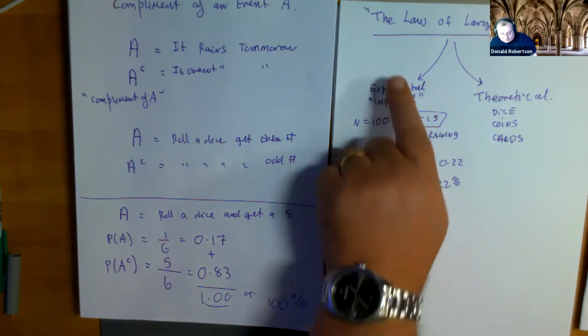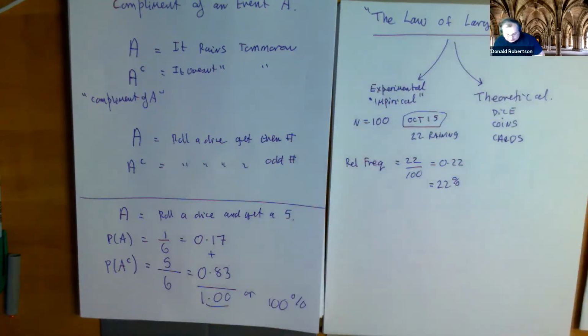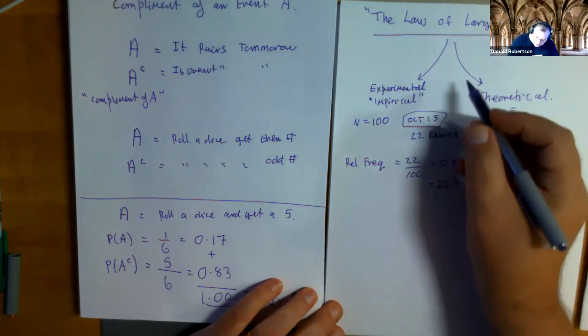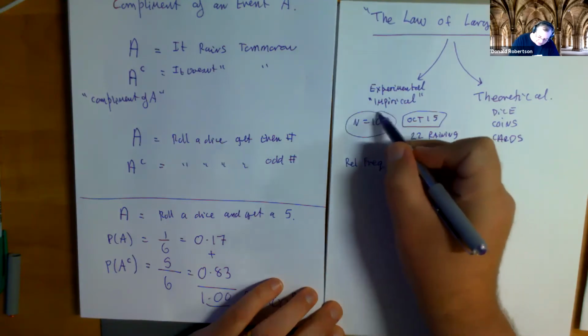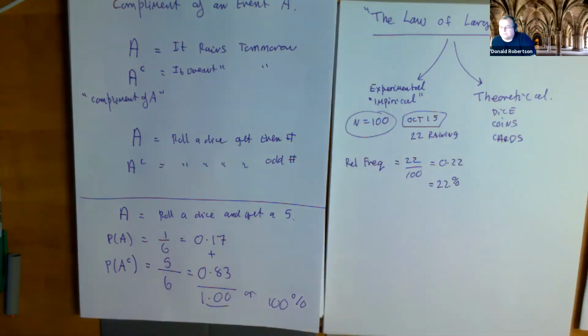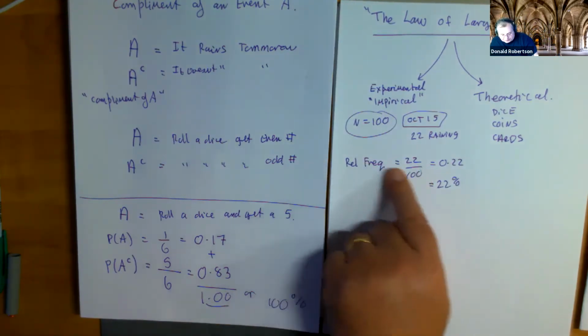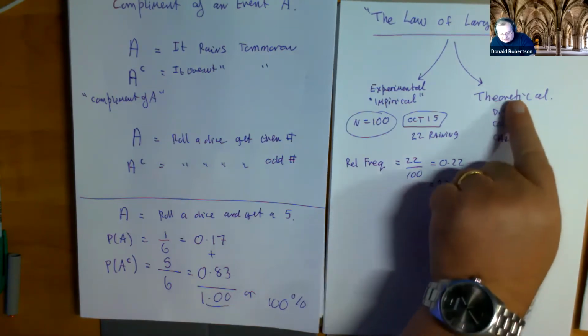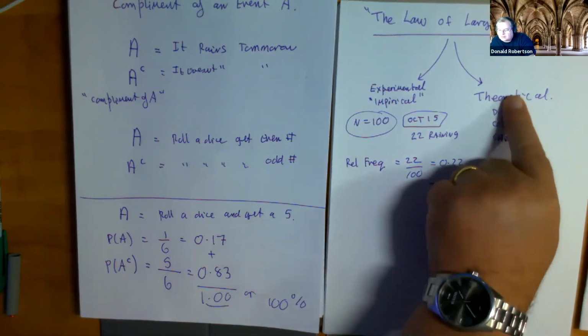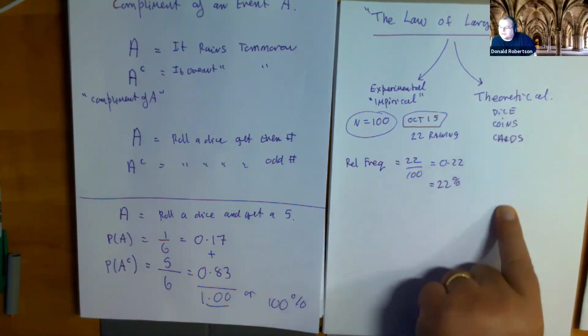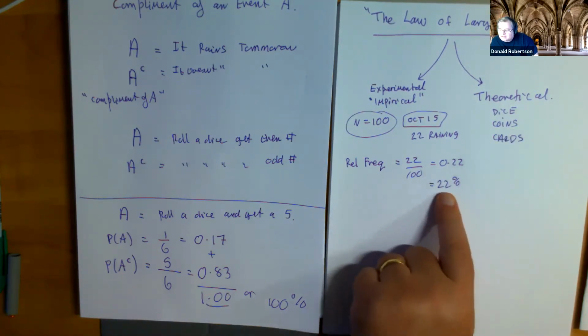Now, what the law of large numbers says is that if you do this number big enough, then this relative frequency, whatever it is, will start becoming the real true probability. I mean, technically, isn't this just an estimate? If I had 200 years of data, wouldn't it be a better estimate?